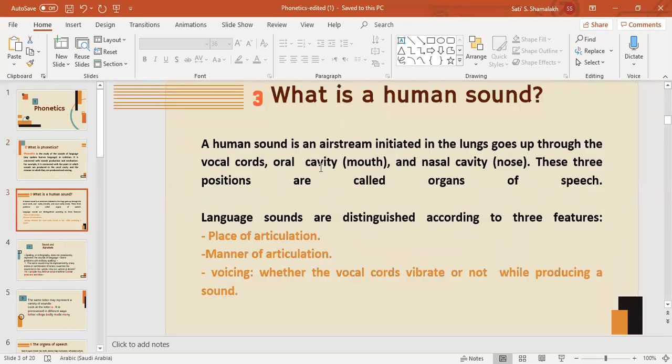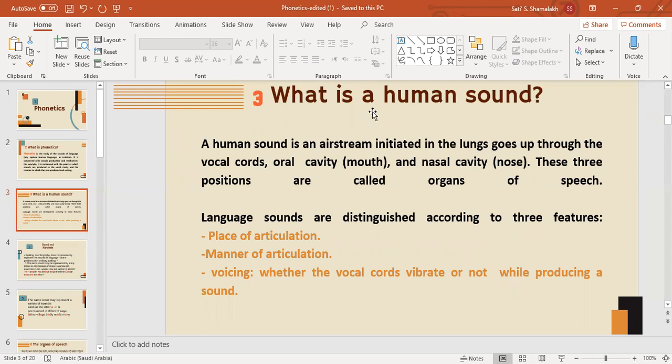A human sound, what is a sound? When you say sound, what is a sound? Sound is air. Air comes out of the mouth or of the nose. Now, when you speak, do you use your eyes to speak?